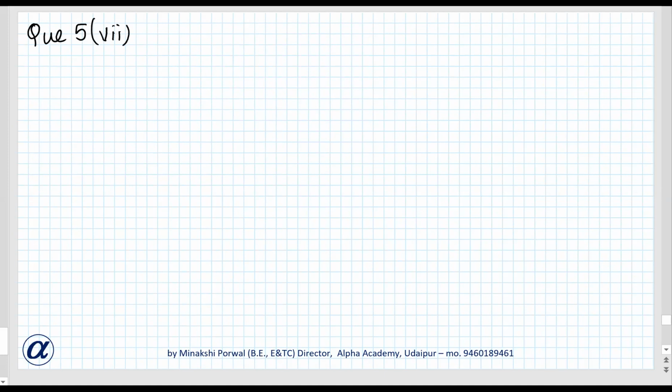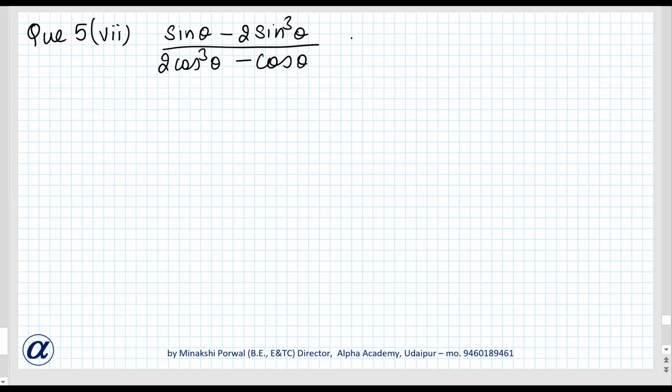Okay. Our question is, I hope everybody has practiced till part 6 after class. So, (sin theta minus 2 sin cube theta) upon (2 cos cube theta minus cos theta) equals tan theta.